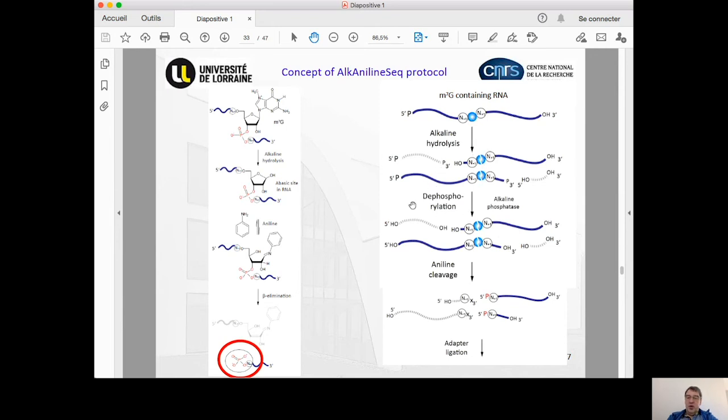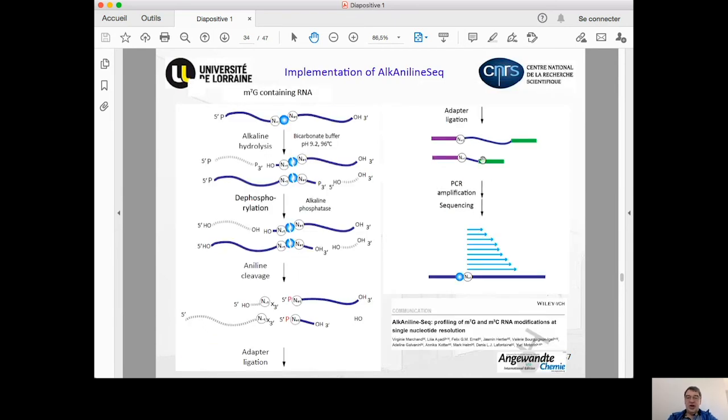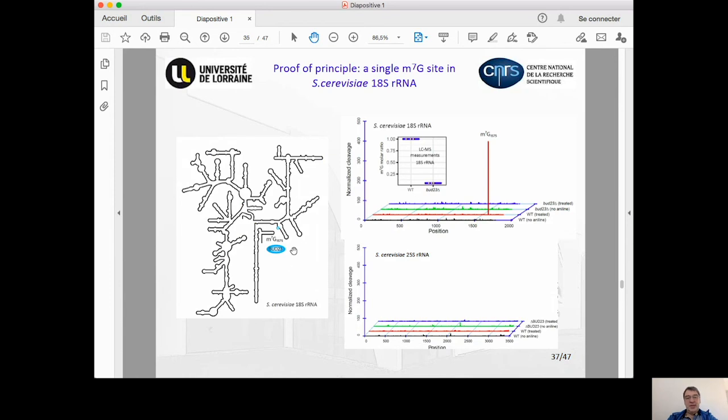So we do a dephosphorylation to remove all possible phosphates at the 5' and 3' ends and induce aniline cleavage at the RNA abasic site. So the 5' phosphate shown in red here will be competent for ligation, and only those fragments will be enriched in the library preparation. So after adapter ligation and sequencing, the reads will be aligned at the M+1 nucleotide compared to the initially modified m7G and other modified nucleotides detectable by this approach. As a proof of principle, we applied the method for analysis of yeast ribosomal RNA.